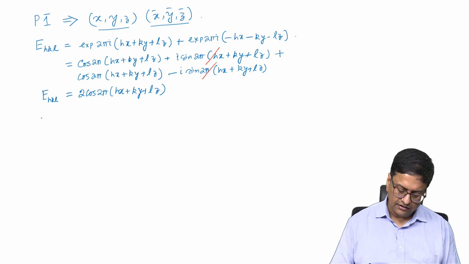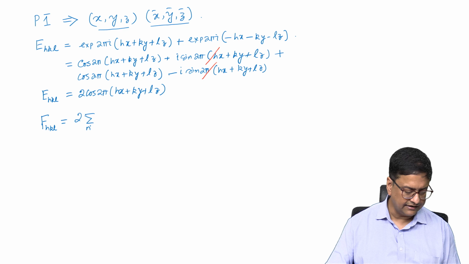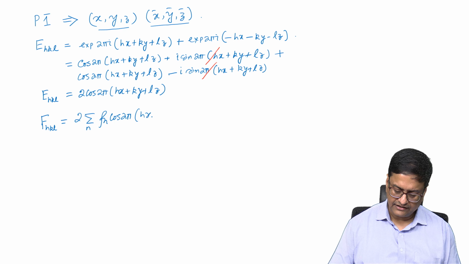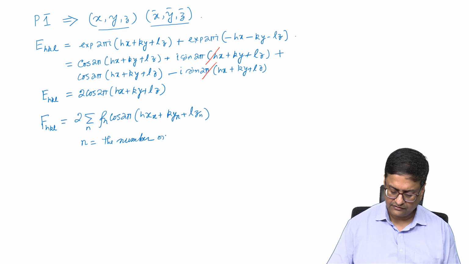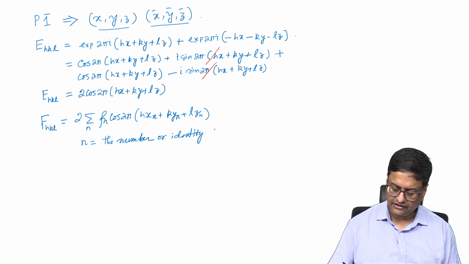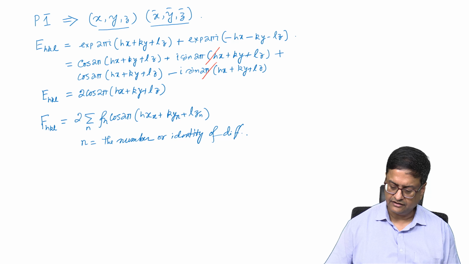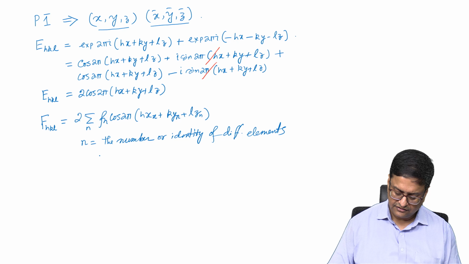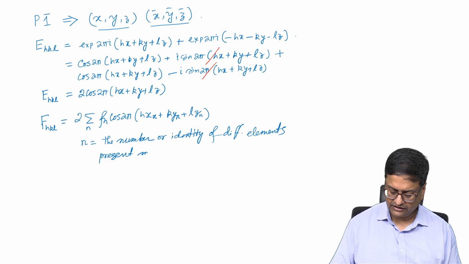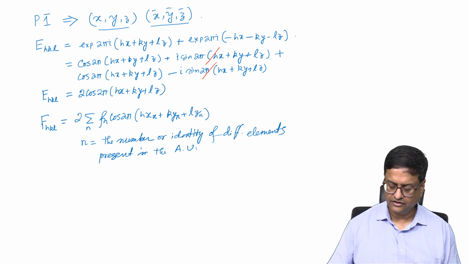So, then the structure factor expression for FHKL in case of triclinic gets reduced to 2 sum over n Fn cos 2 pi (Hxn plus Kyn plus Lzn), where n is the number or identity of different elements present in the asymmetric unit.